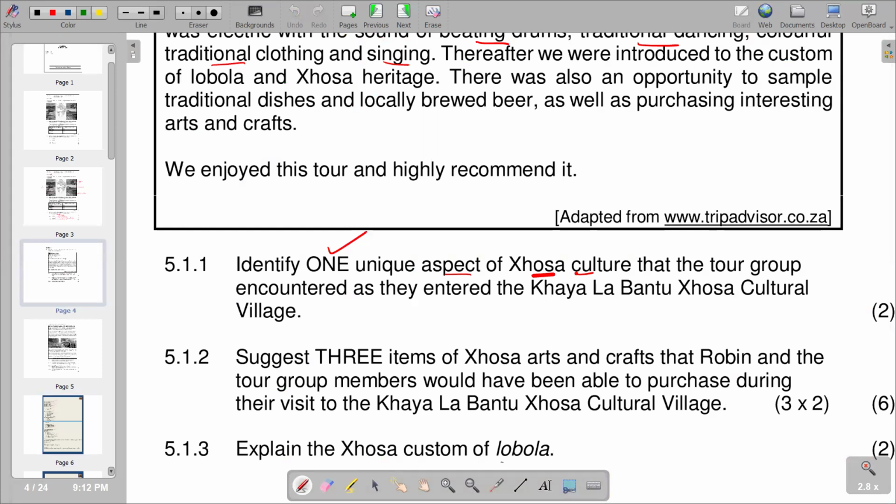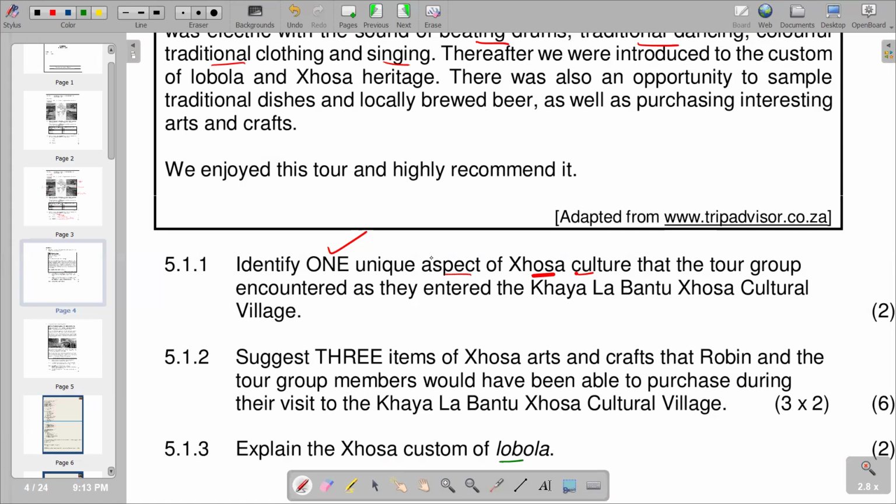Explain the Xhosa custom of lobola. Very important. What is the Xhosa custom of lobola? We know that the issue surrounding lobola is that there is money supposed to be paid by the bridegroom to the bride's family. The bridegroom has to pay some money to compensate for the bride.